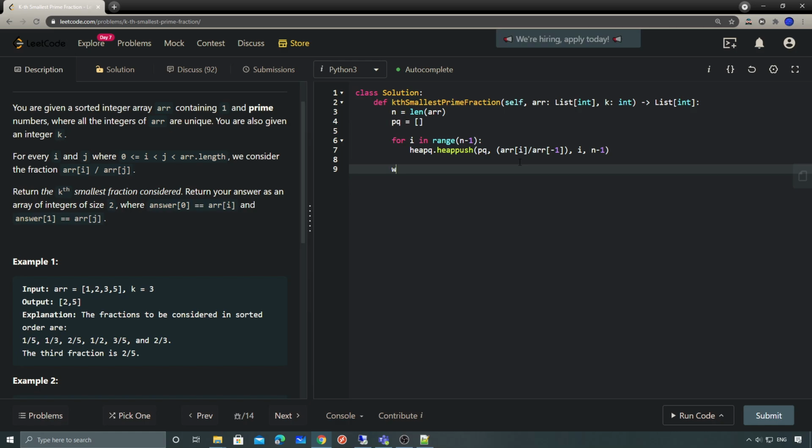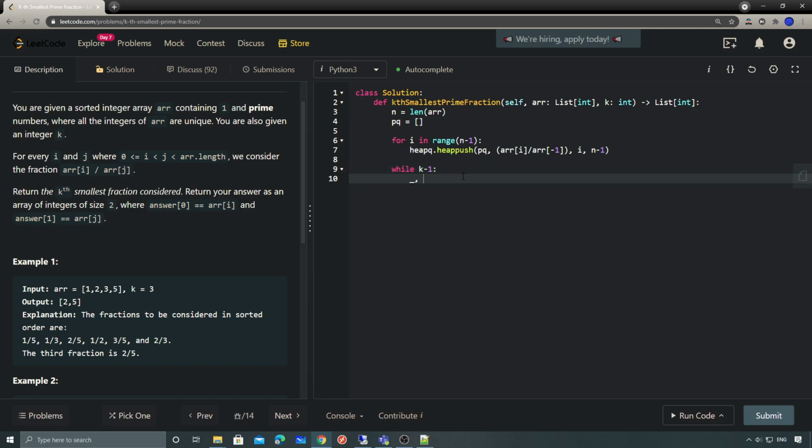And then we simply need to do a while loop of k minus 1. So basically after doing k minus 1 pops, the top one in the priority queue will be the k smallest, right?